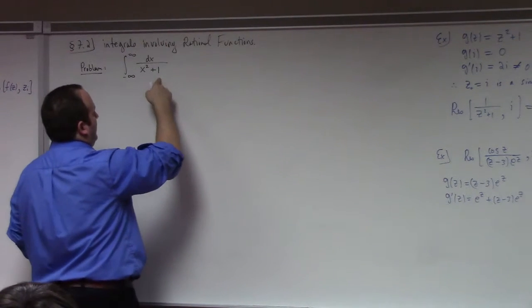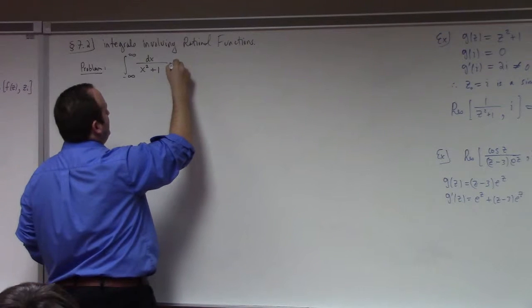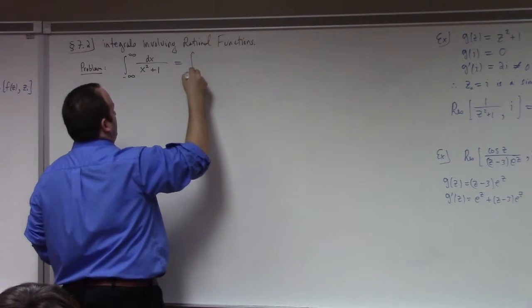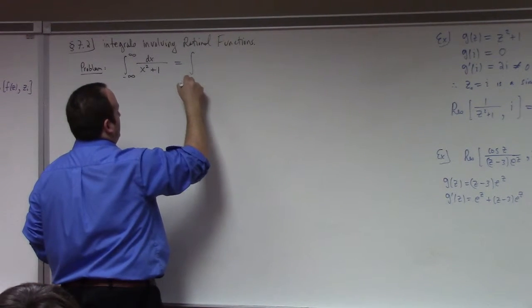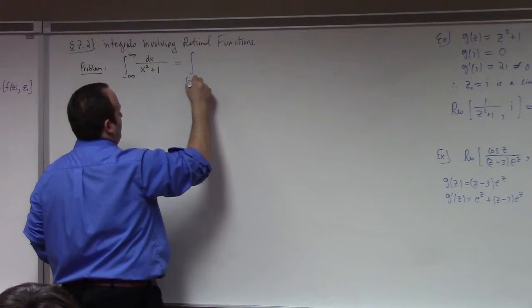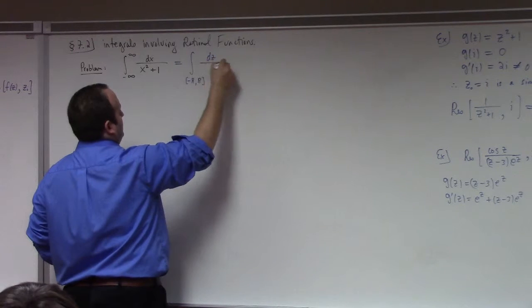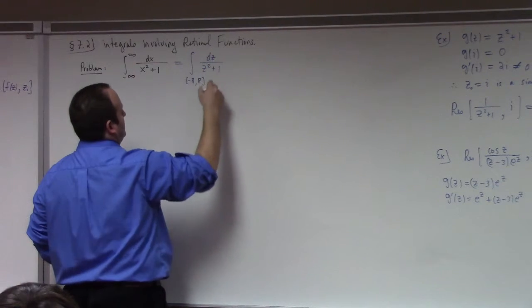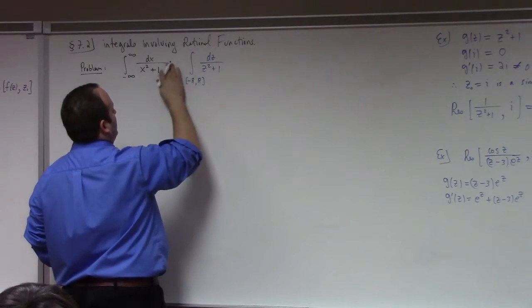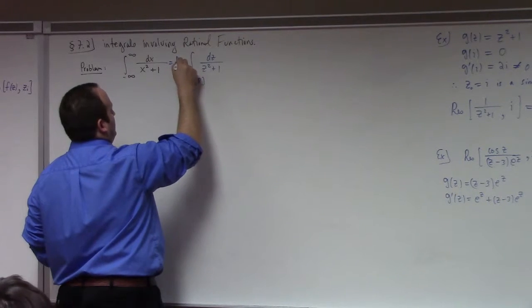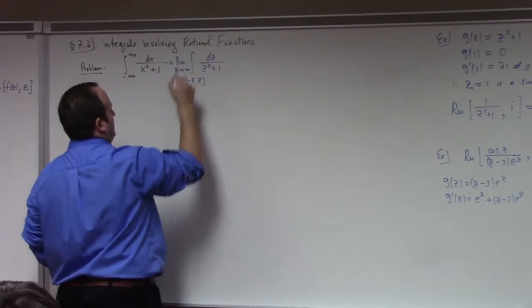We're going to say, hey, this is really the integral along the line segment minus r to r, right, of dz over z squared plus 1, where you're taking the limit as r goes to infinity.